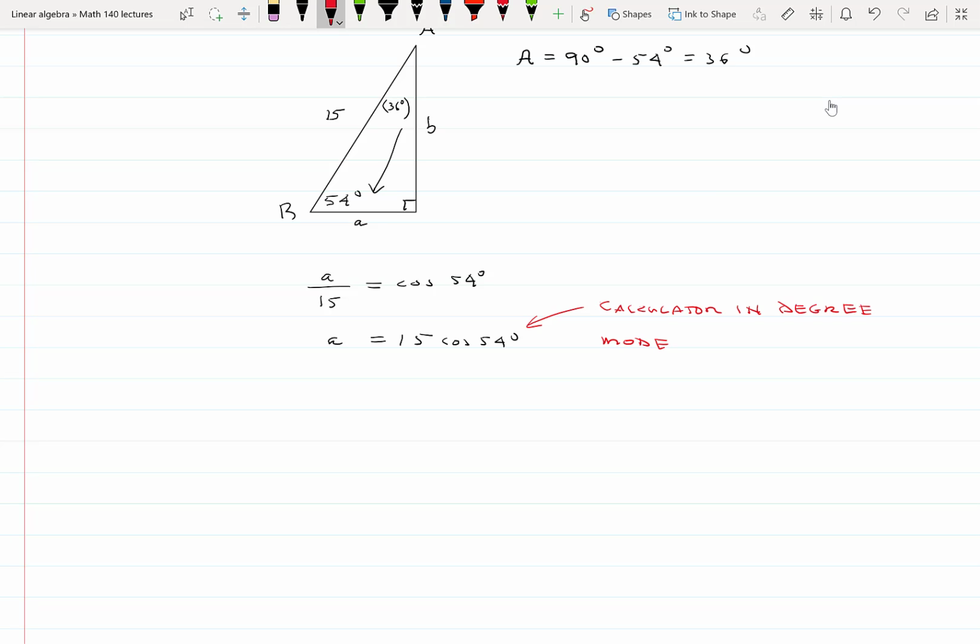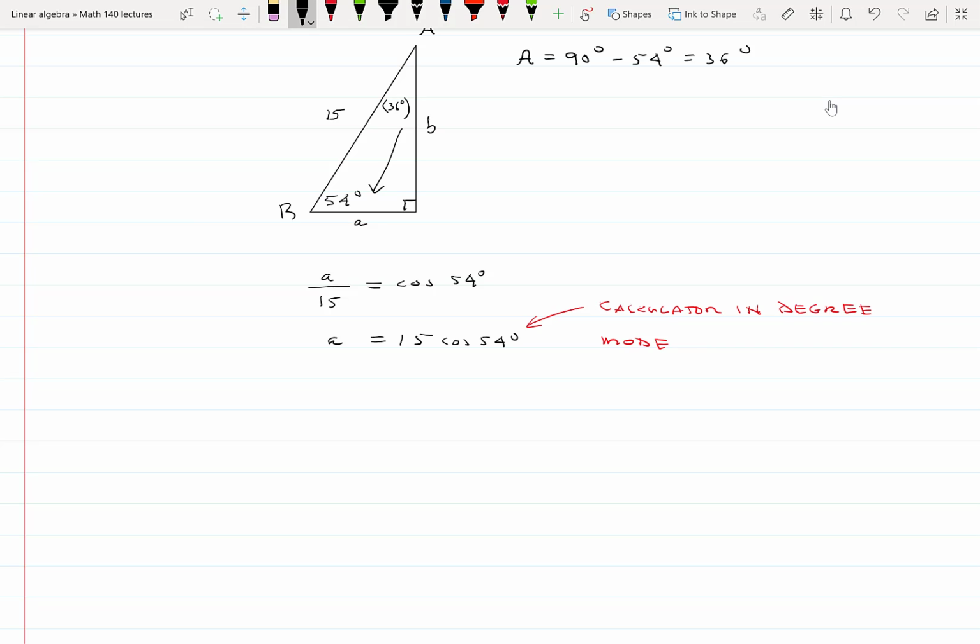If you use a calculator to solve something when your calculator's in radian mode, and then come to a problem where the angles are measured in degrees, you've got to change your calculator to degree mode, and we don't always do that, and that automatically will lead to a wrong answer. So just make sure you're aware of the mode that your calculator is currently in. It needs to be in degree mode.